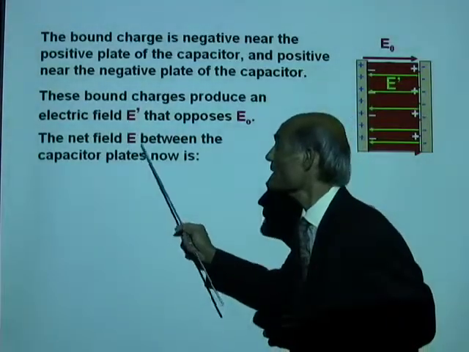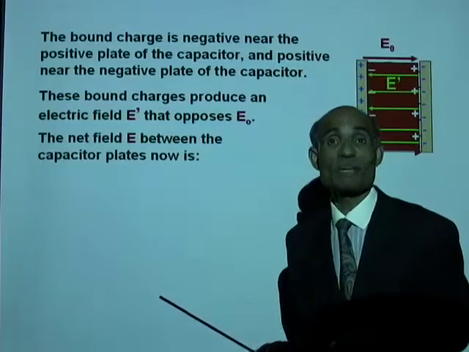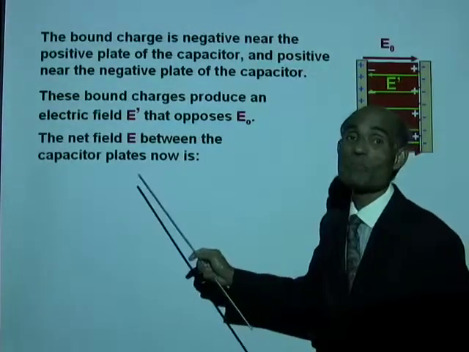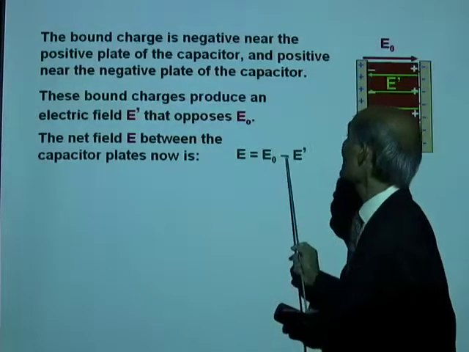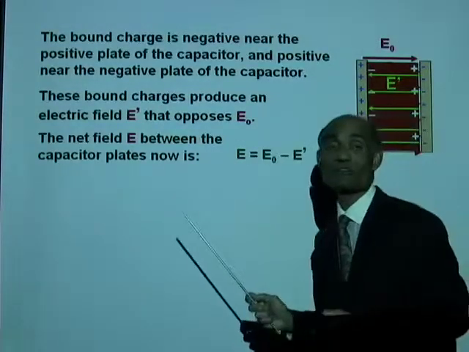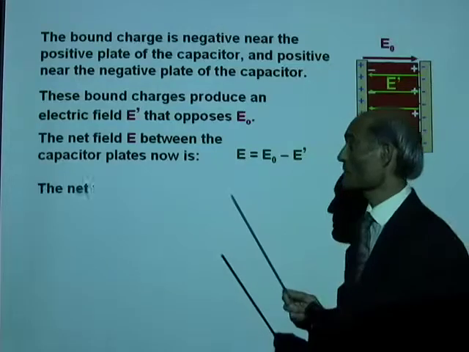The net field E between the capacitor plates now will be E0 minus E prime.